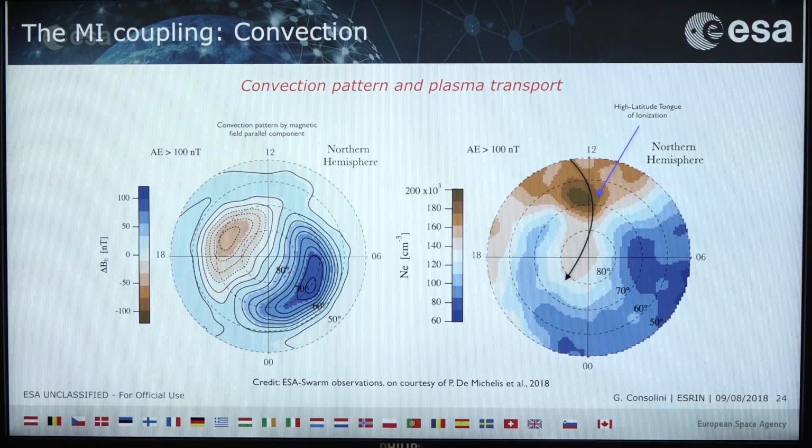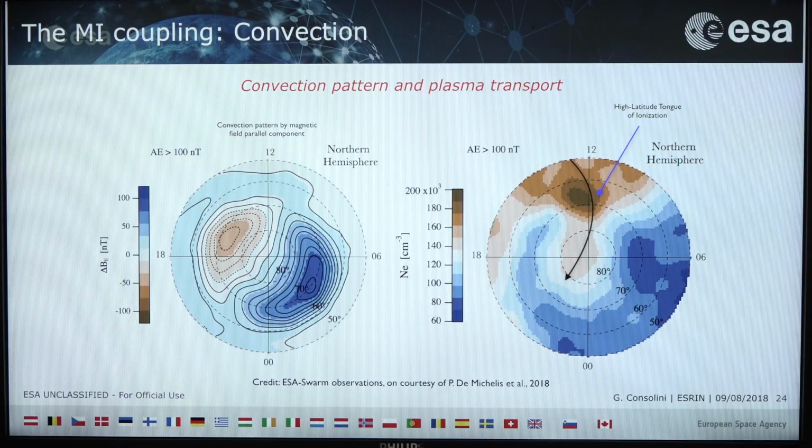This is an example of motion. This is made using Swarm data, 2 years of Swarm data. These are the two cells reconstructed from the magnetic field parallel component as measured essentially by the Swarm satellites, and simultaneously for this condition, AE is an index that is a measure of the magnetic disturbance level in the high latitude ionosphere and the high latitude regions.